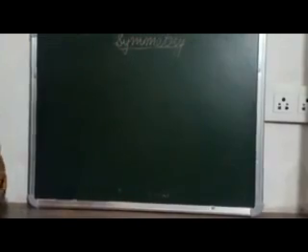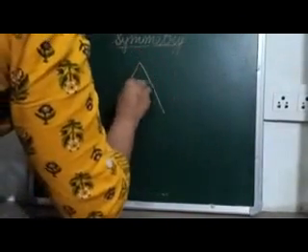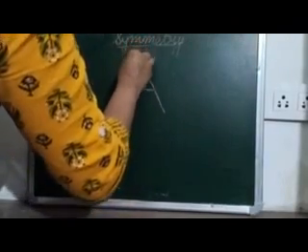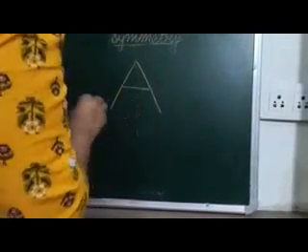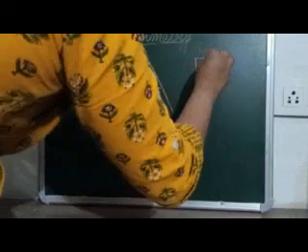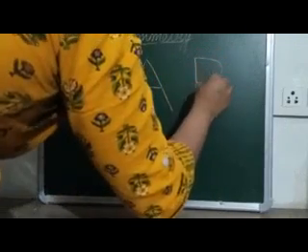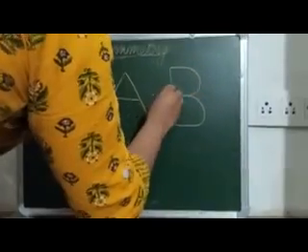Let's start with A. If I write A, how can we divide A into two equal parts? By drawing a vertical line. So we can say that it is vertical symmetry. Then B. How can we divide B into two equal parts?